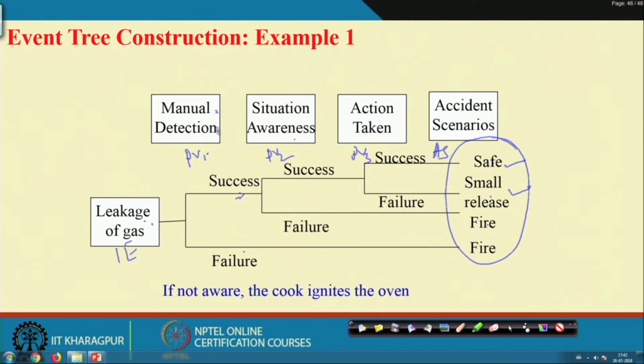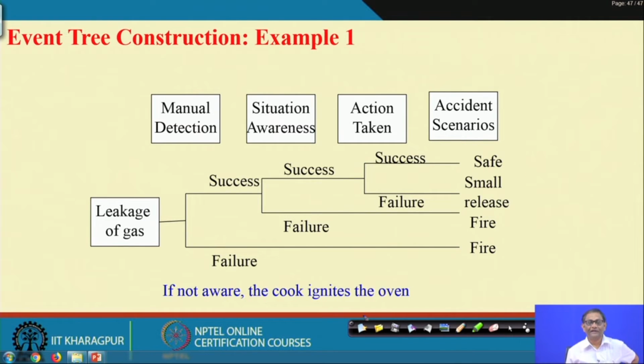Then irrespective of the previous barriers' success or failure, it will ultimately work independently, so they are independent events. Accordingly there will be conditional probability and independent probability. I will discuss conditional and independent probability first, then we will come back to this example again.